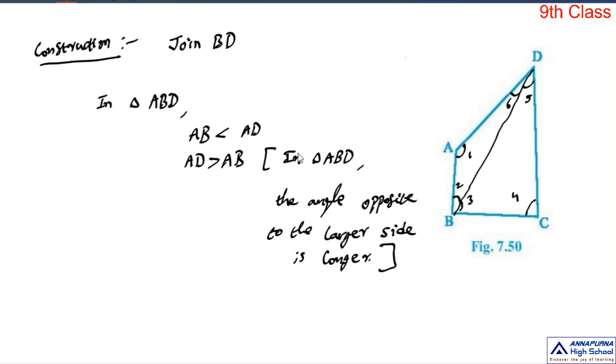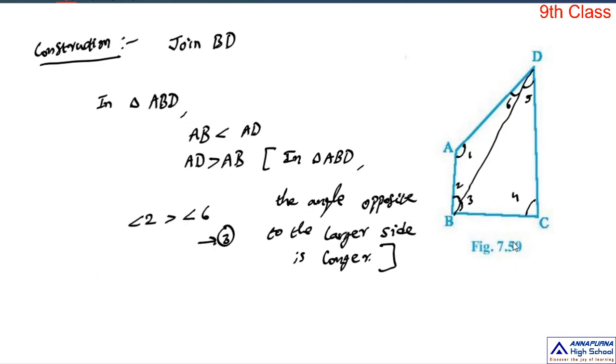So the angle opposite to side AD, angle 2, is greater than the angle opposite to side AB, angle 6. This is condition 3. If AD is greater than AB, then angle 2 is greater than angle 6. This is the third inequality.